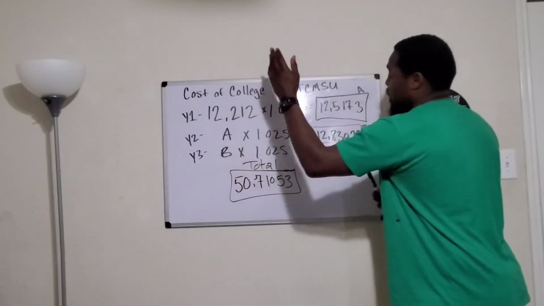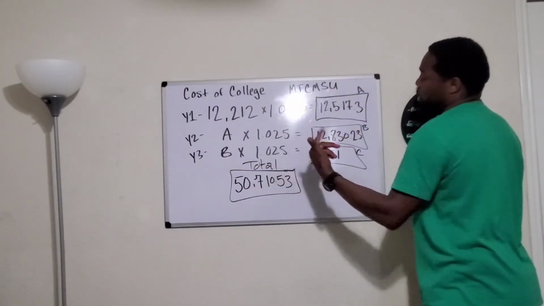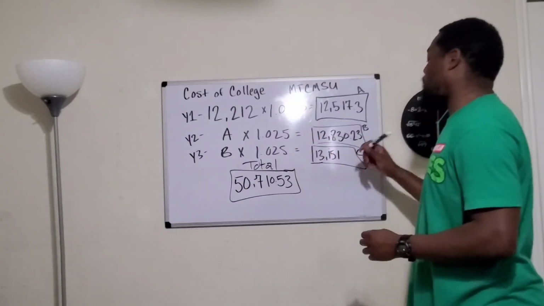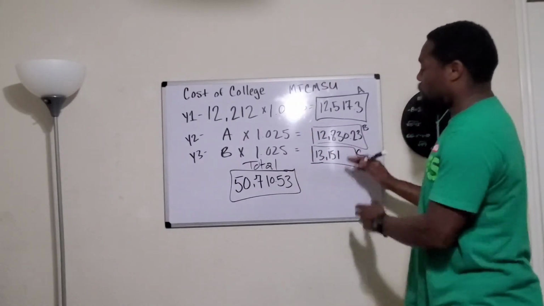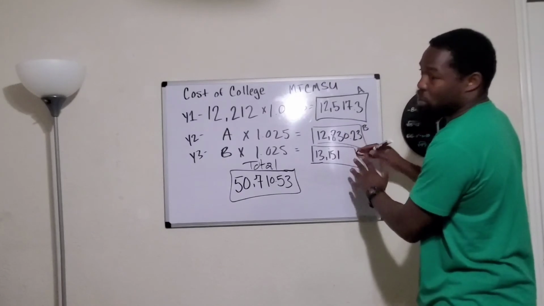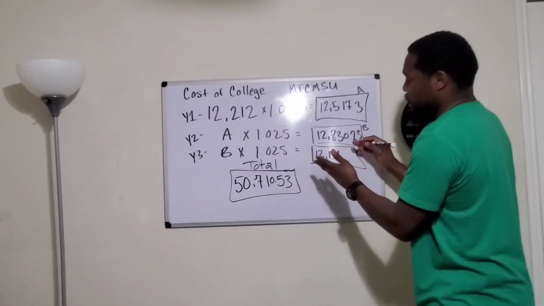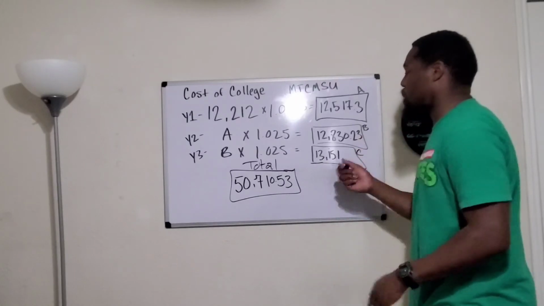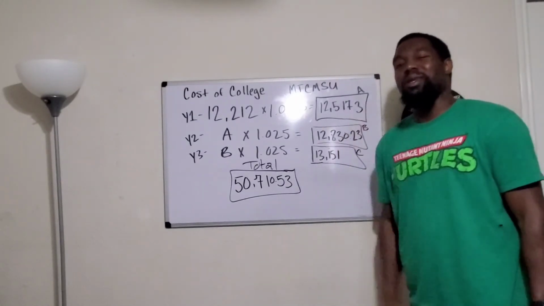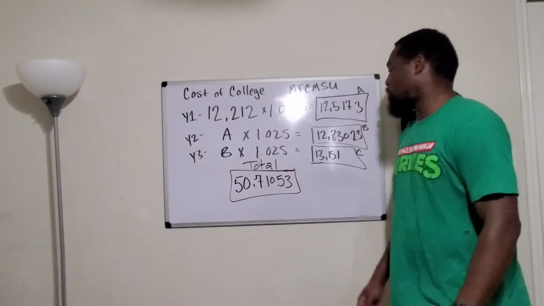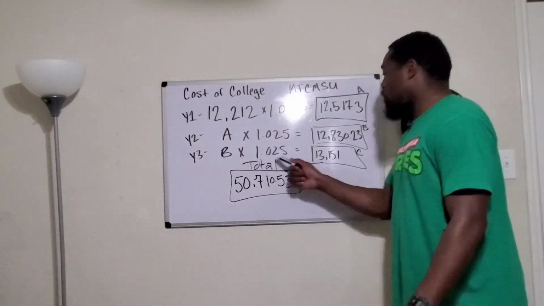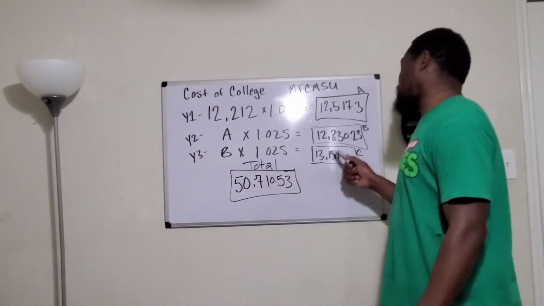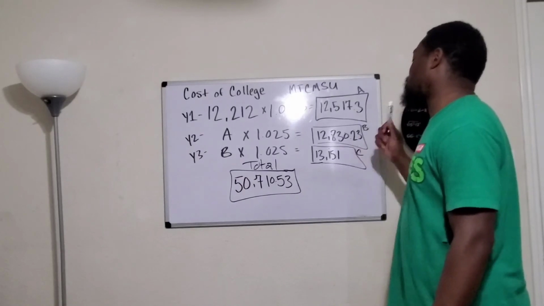Then I multiply B, which is that number, by 1.025, and finally, I did some rounding here, by the way. So if you got a different number right there and you didn't round it, you should still be in this ballpark. But if I round it, because that's what you should do anyway, you're dealing with money, round to the nearest cent. So I multiplied and I got $13,151.